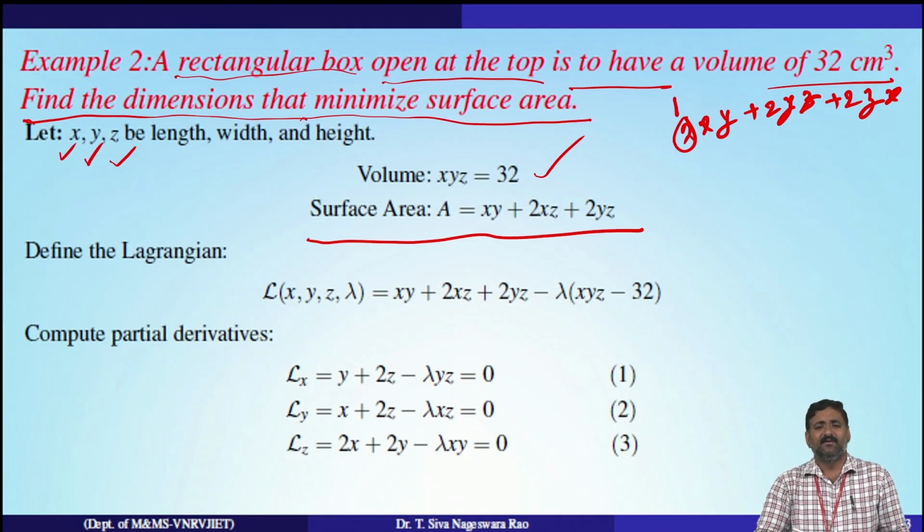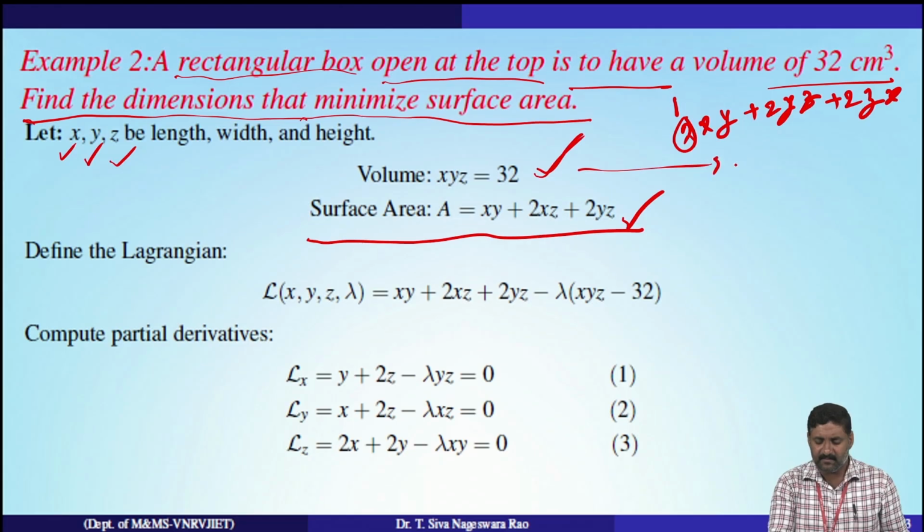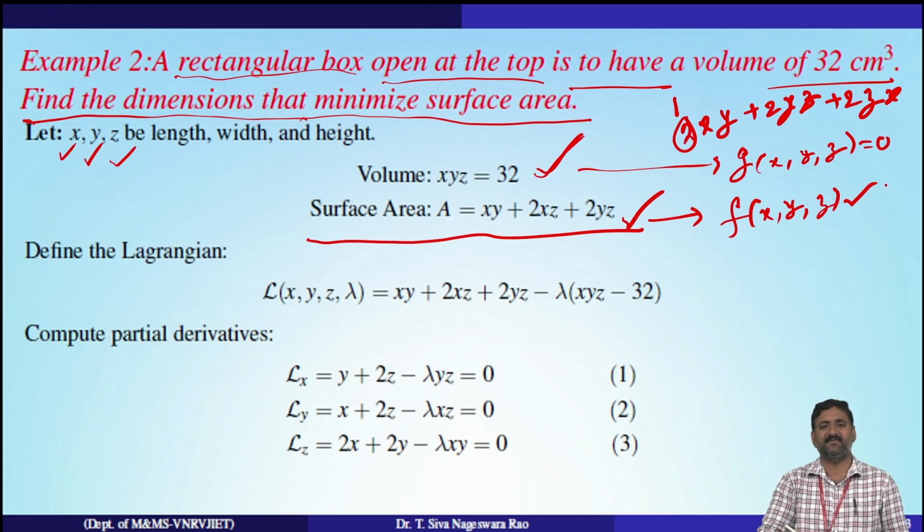So we have one function involving 3 independent variables and one equation involving 3 independent variables. So I will denote this with g of x, y, z and this one as f of x comma y comma z, and this is an equation and this one is an expression. Now our aim is to construct the Lagrangian function.